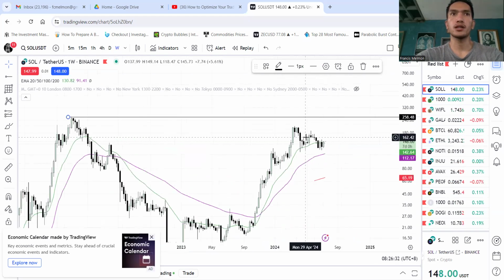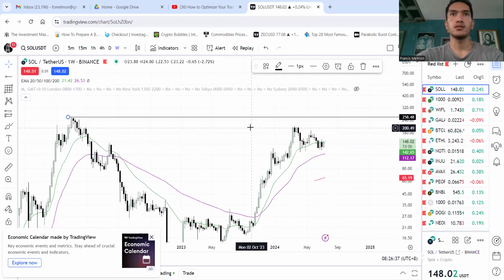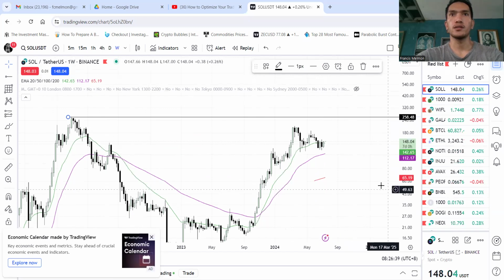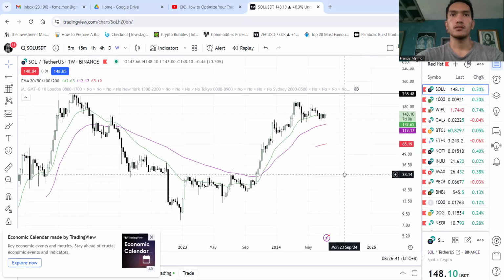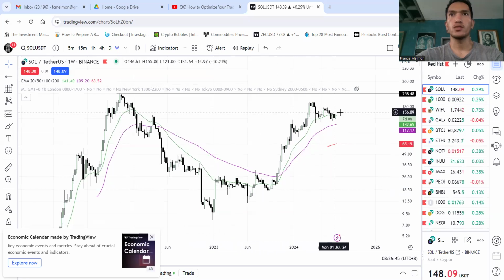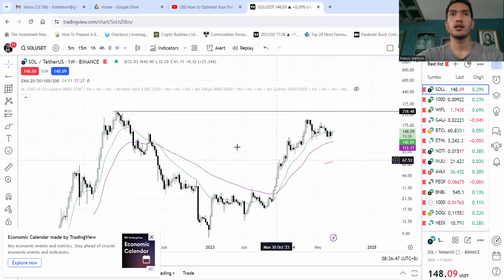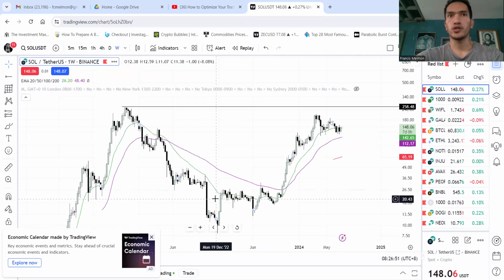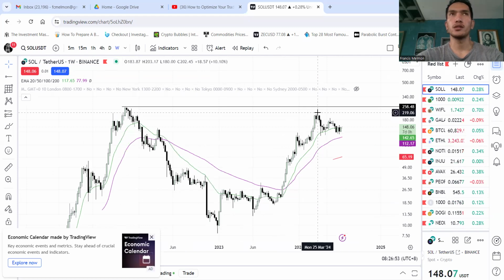So it's still currently testing the resistance in this area. But for the long-term scenario, we are in an uptrend unless this will be a break of structure, and this will be the higher low.